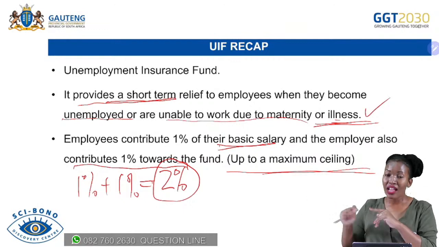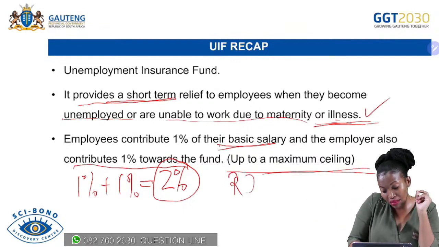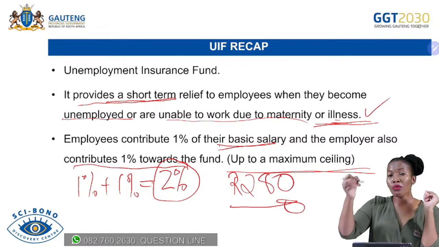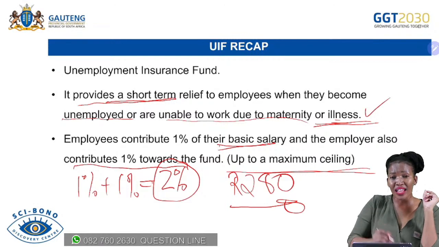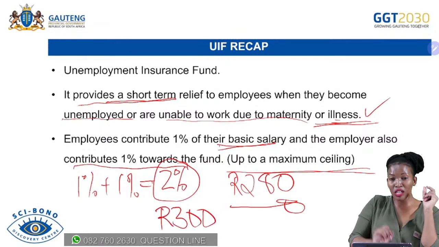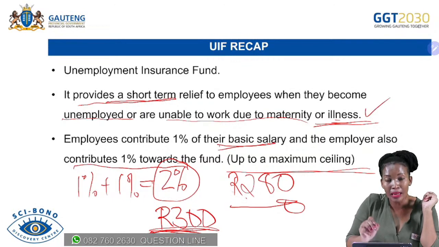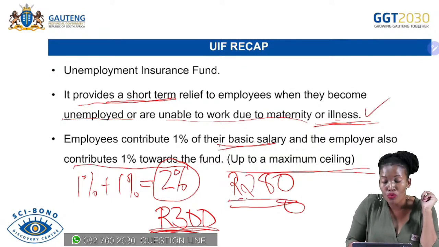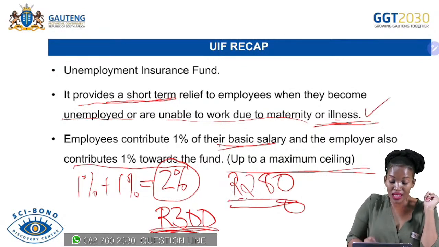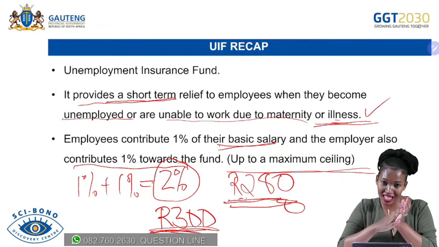Let's say they say the maximum contribution is 280, and when you calculate the UIF you find that it's actually 300. You cannot deduct 300 because there's a limit of 280. So 280 is the maximum amount that you can deduct.